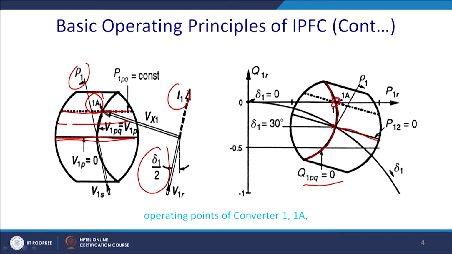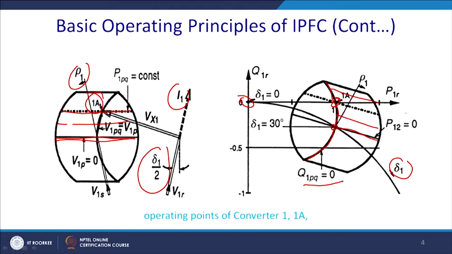So, you are here, and if you increase delta, then you will be shifting like this. So, this is the explanation of it, and this is the case of delta equal to 0. And what happens if you wish to move along this?